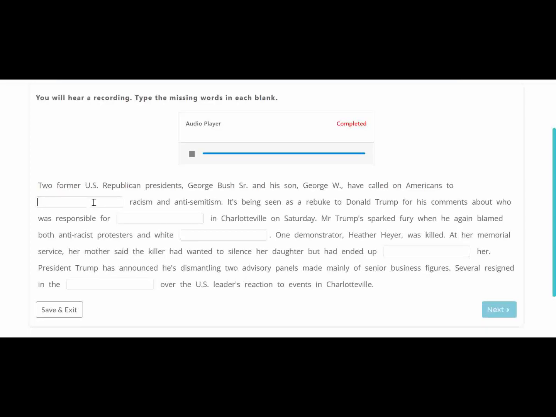So the first one is reject. Next one is clashes. Responsible for clashes. Next one is supremacists. S-U-P-R-E. I'm not sure about these spellings, but I'm writing here. We will check the answers later. Supremacists. Ended up magnifying. So it is magnifying.